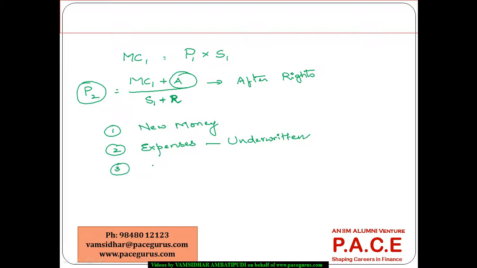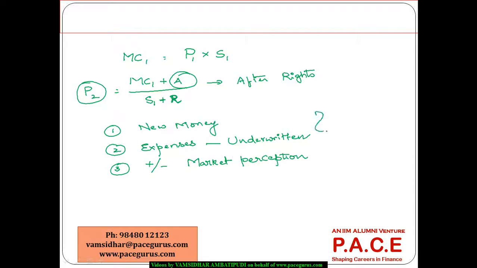And along with that, probably there could have been a positive or a negative change in the market's perception. The market would have reacted positively or negatively to this company's move of going with a rights issue, because they will try to understand for what purpose the company is going with a rights issue, and based on that they are going to react either positively or negatively.